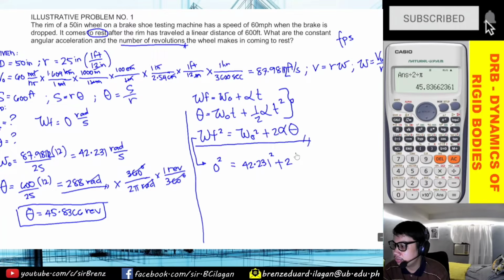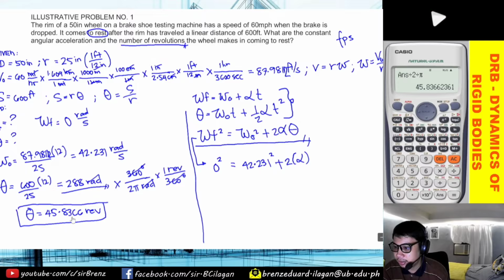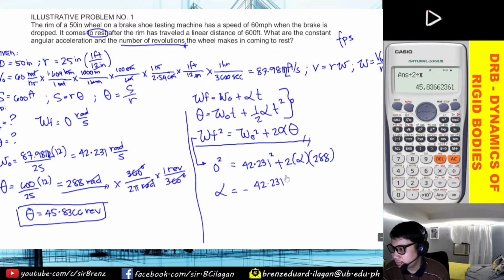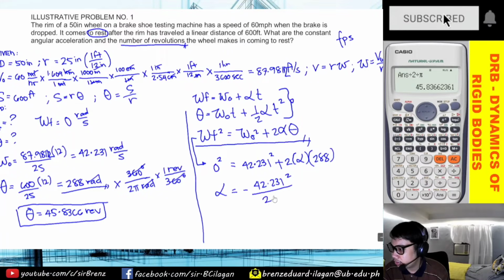Plus 2 and then angular acceleration, and then multiply by, hindi ito yung igagamitin natin kasi ito revolution, ito yung radian. So, times 288 radian. So, ang sagot niya is negative. So, alpha is negative 42.231 squared over 2 times 288.